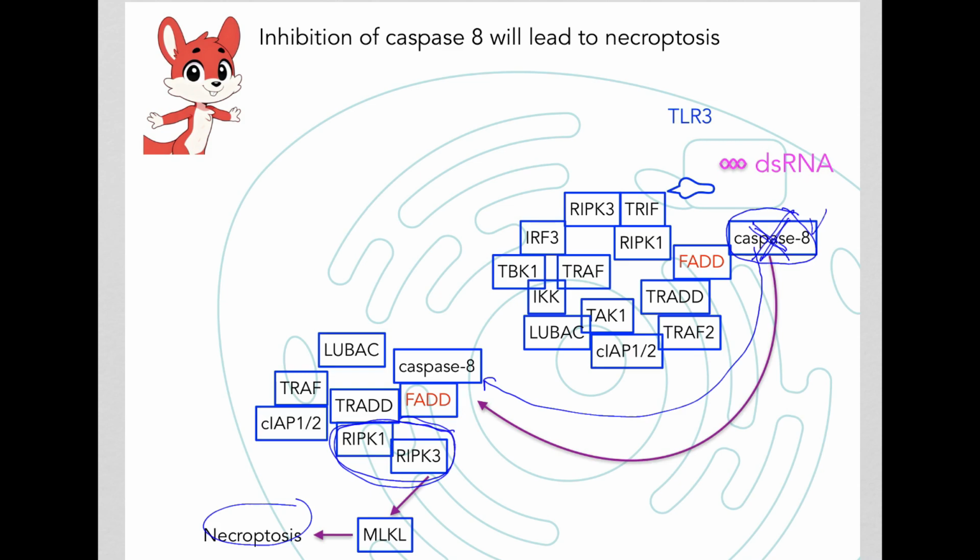And now since caspase 8 doesn't work, these proteins are not broken down. And so these proteins will recruit this very important protein MLKL that we'll talk about under necroptosis, and that will lead to necroptosis. So if the viruses that are growing inside this innate immune cell produce FLIP, and these FLIPs are inhibiting apoptosis, the cell still can die by necroptosis. So necroptosis, as we mentioned earlier, probably evolved as an antiviral defense mechanism.